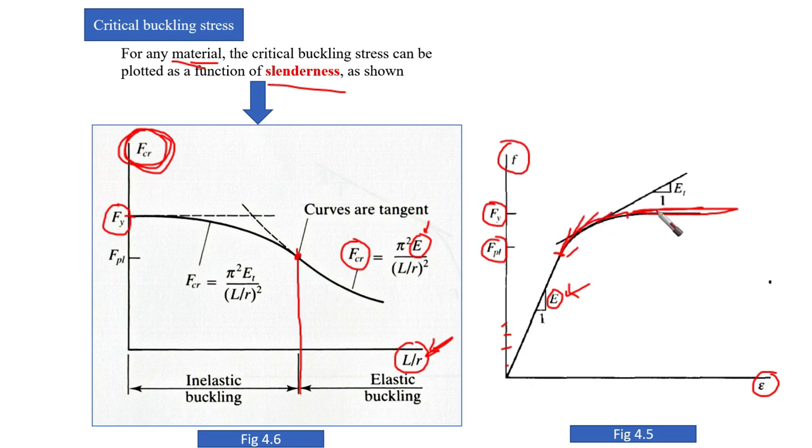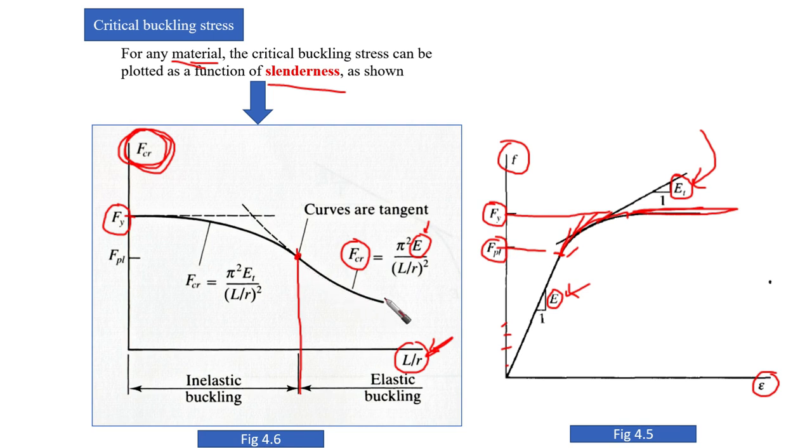And this is going to be denoted with another type of E called ET, which is tangential. As you can see here, this tangential Young's modulus, or the slope, is much less than the original elastic one. And when we increase this to the limit, the critical buckling stress is going to be changed.